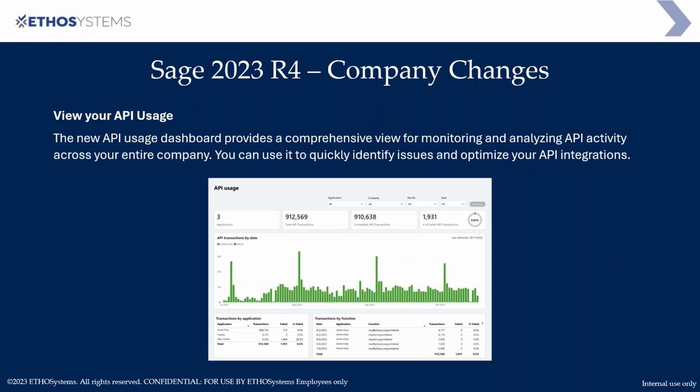This is a new feature. When you launch it, you'll get a little Power BI interface, and then you can look at usage and filter for specific days, periods, or companies for your integration. I highly recommend starting to look at that on Monday, especially for those who have integrations.